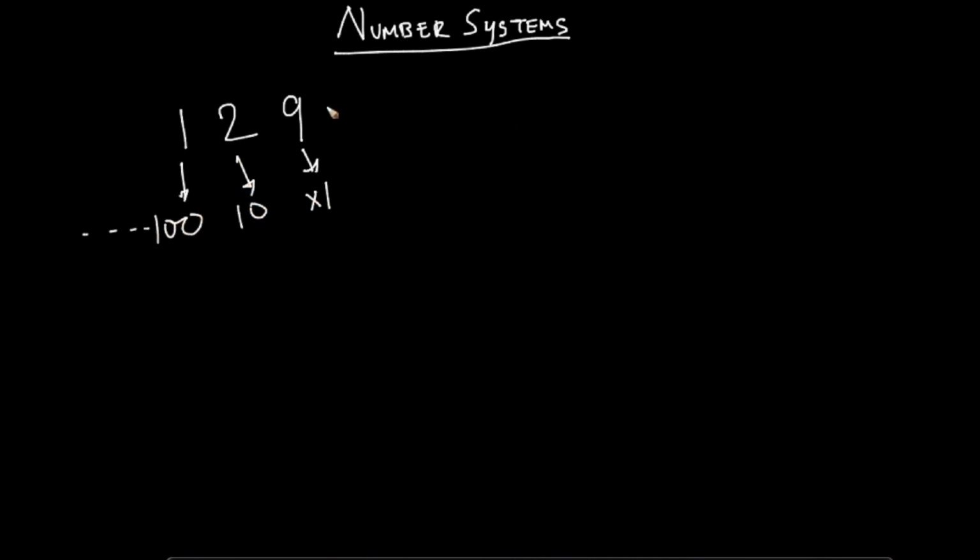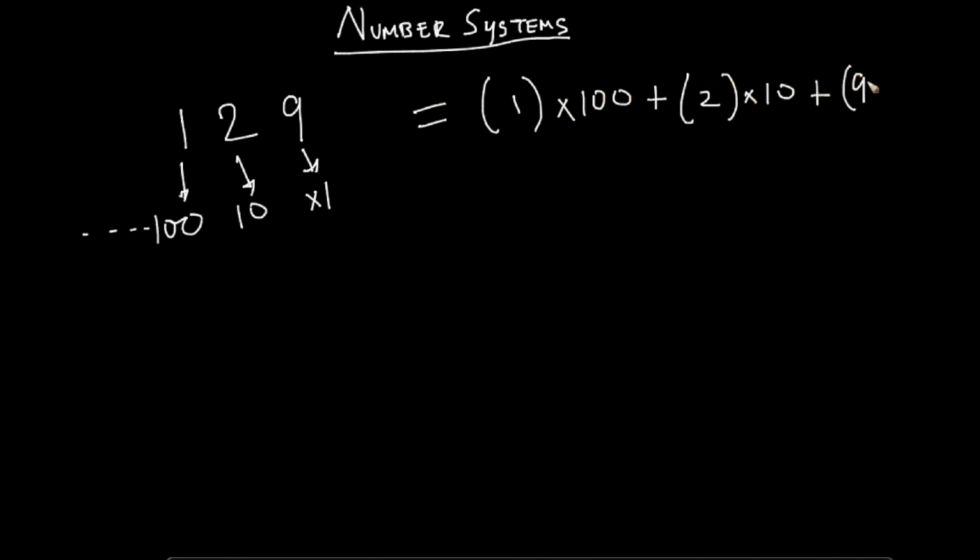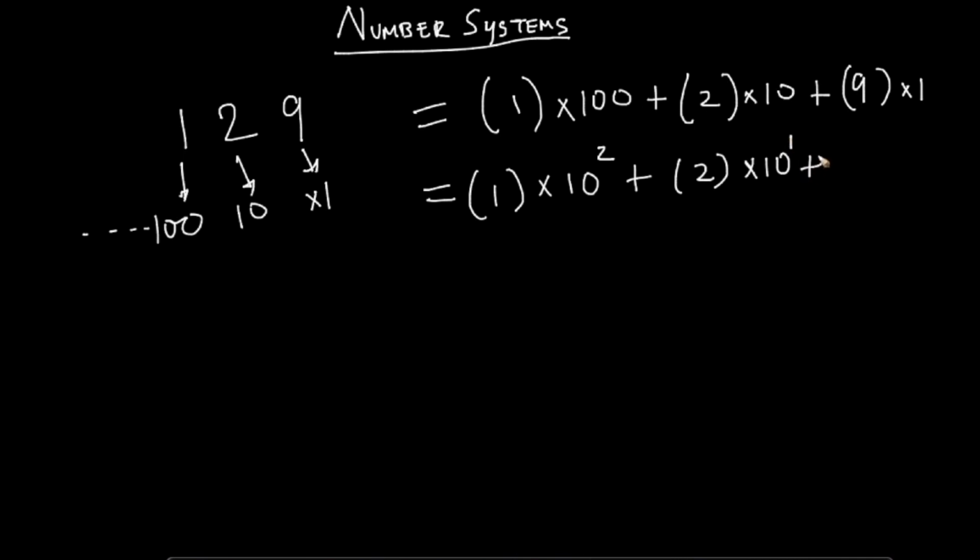That is, you could write 129 as 1 times 100 plus 2 times 10 plus 9 times 1. That is 1 times 10 raised to 2, plus 2 times 10 raised to 1, plus 9 times 10 raised to 0.